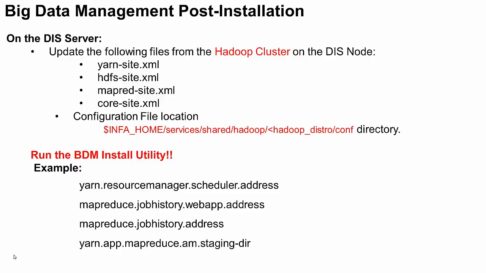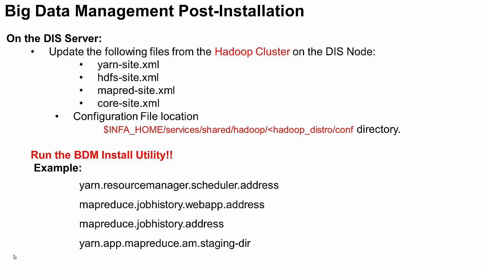So what's the post-installation? If you think about how the architecture works between the Informatica server and the Hadoop cluster, Informatica has to know where your cluster is and how to access it.